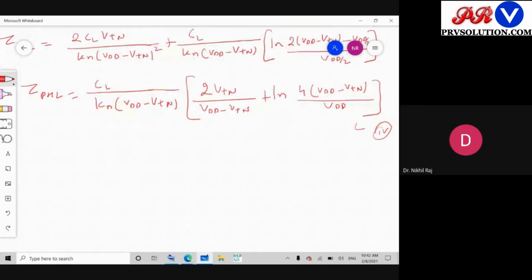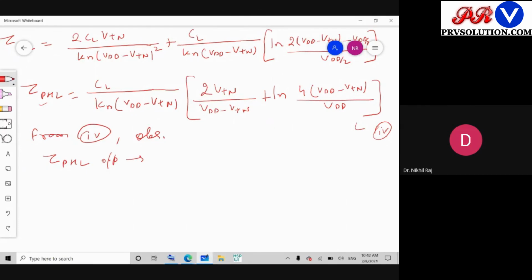Now comes the observation from this equation. Now you know the TPHL equation is given. So from equation 4, what are the observations? TPHL, the high to low transition of the output, is controlled by what variables?